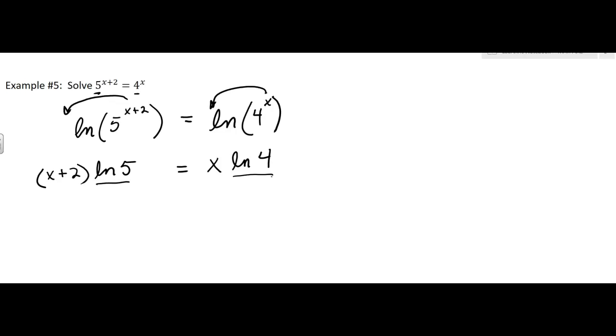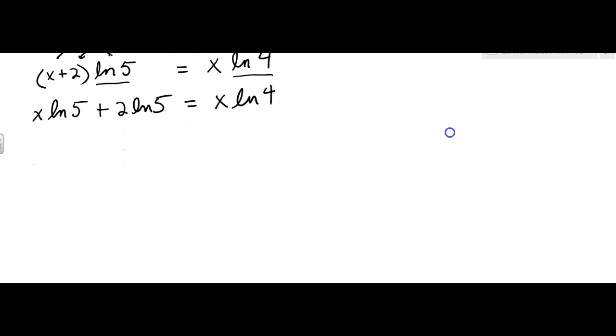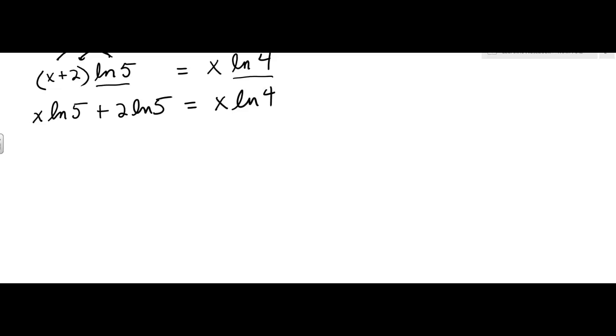All right, we're going to distribute here that number that I was talking about. x natural log 5 plus 2 natural log 5 equals x natural log 4. Now, if you're saying, well, why are we distributing? What's the point of that? Well, we're trying to solve for x, right? So we need to get terms that have x on one side and everything that doesn't have x on the other side.